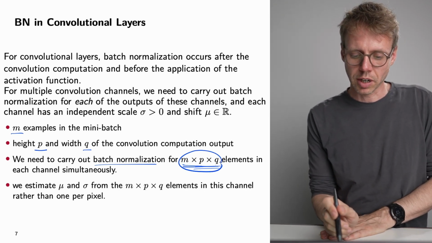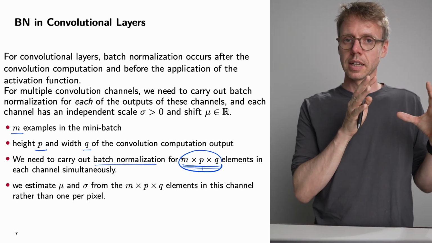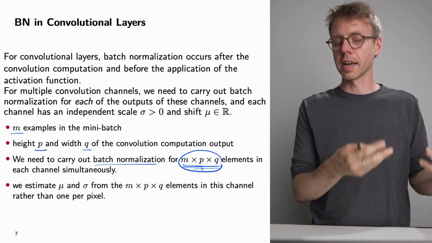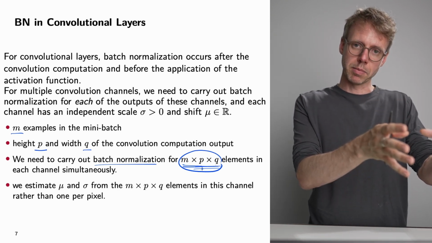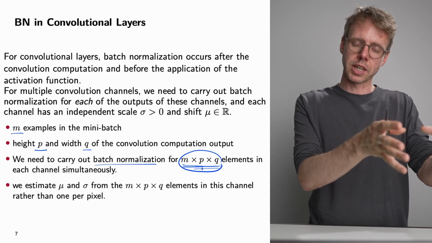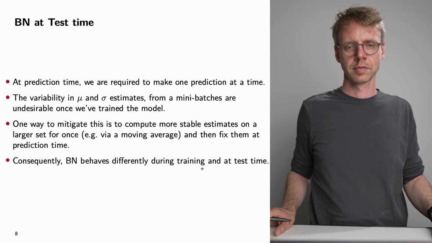We would still look at only the subtensor that corresponds to a single channel at a time, apply batch normalization on this channel, then estimate a new mean and a new standard deviation for the next channel and apply batch norm, and so on and so forth.